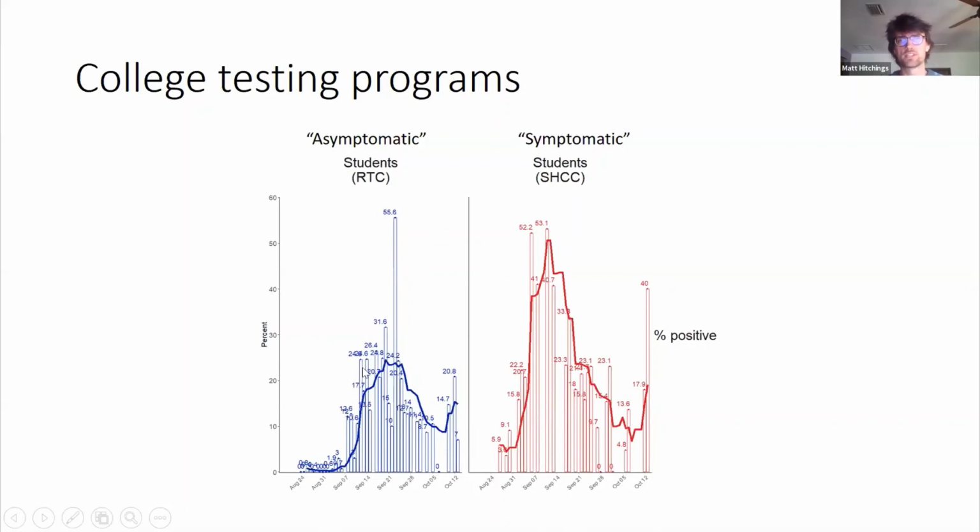There are different ways to cut the data that would be more or less informative, and at least separating these two out is useful. But I don't think enough was really done to explain why this was so high. Because if this is truly a random sample of students, that's terrifying: that 20% of students are infected at any one time.